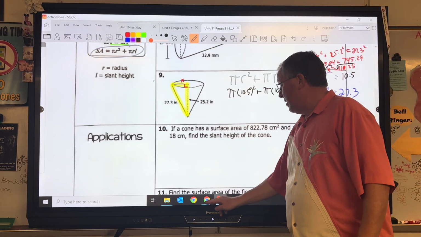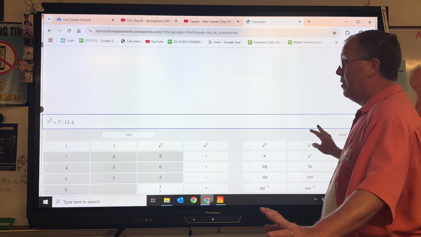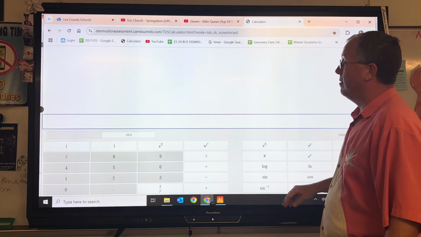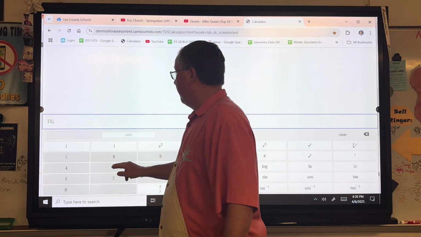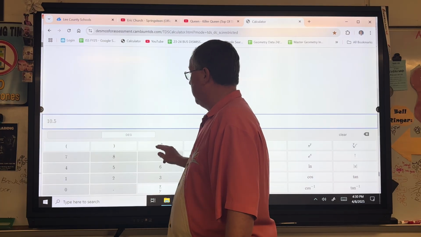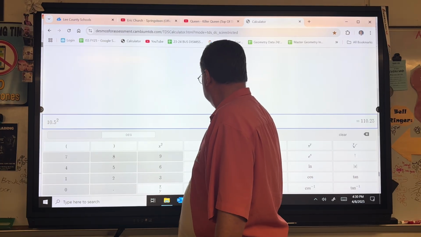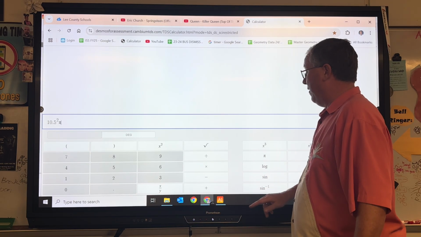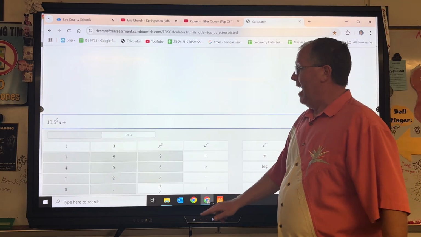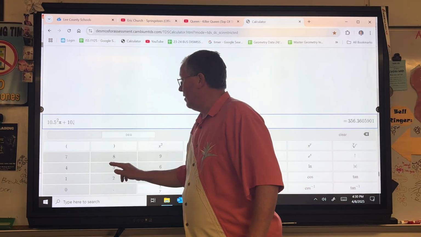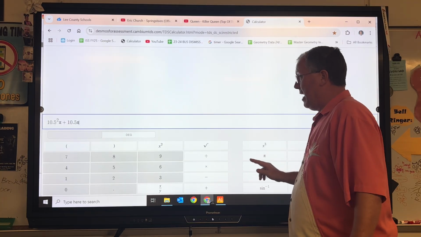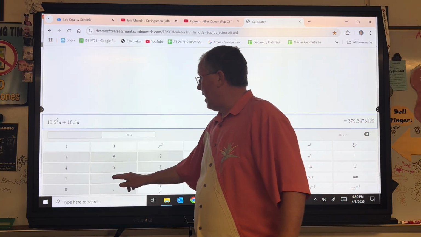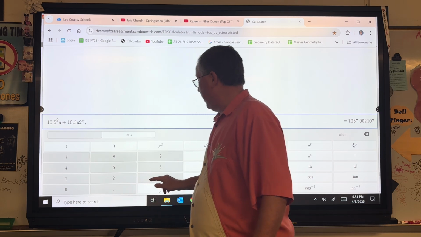All right, so I'm going to take my calculator. I'm going to do it with pi this time, and then I'll take the pi's out. So that was 10.5 squared times pi, and then plus 10.5 times pi times the slant height, which was 27.3.